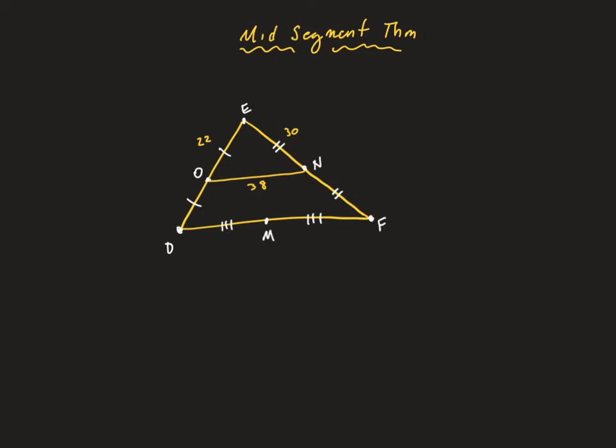So if I have, let's just go with this. What is DM? I'm looking for this length right here. I know that according to the midsegment theorem, ON is equal to 1/2 of DF.